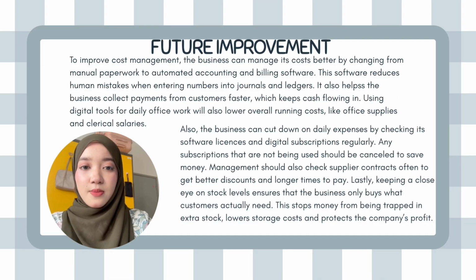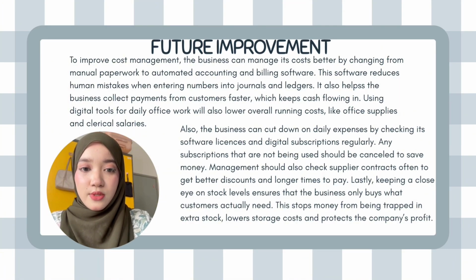To improve cost management, the business can manage its costs better by changing from manual paperwork to automated accounting and billing software. This software reduces human mistakes when entering numbers into journals and ledgers. It also helps the business collect payment from customers faster, which keeps cash flowing in.